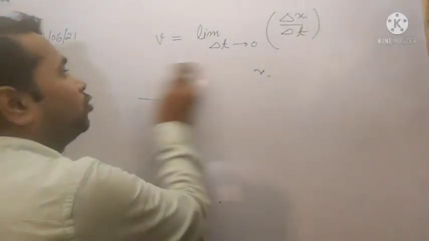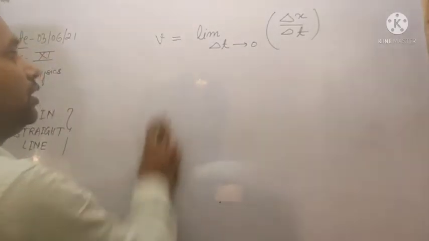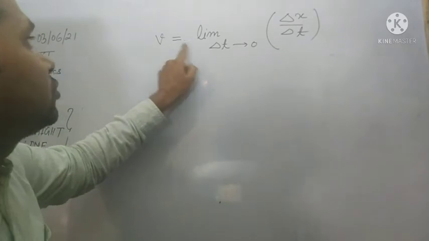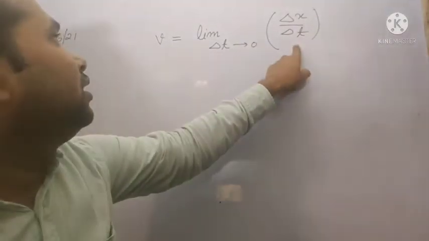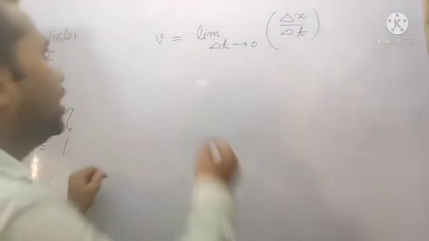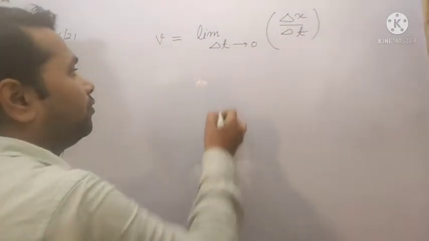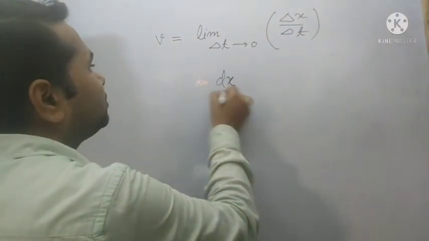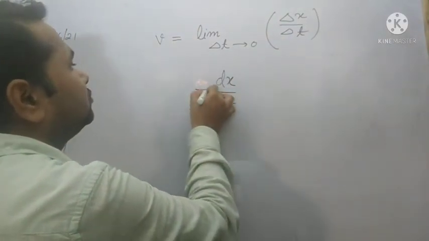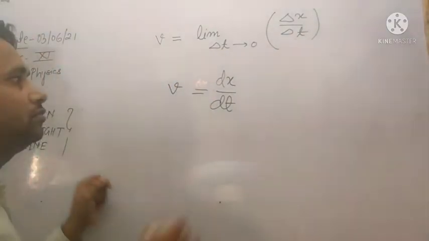Now see how to represent the instantaneous velocity. So this is the way. V equals to limit delta t tends to 0, delta x by delta t is the instantaneous velocity. And now we will use this symbol dx by dt for instantaneous velocity.